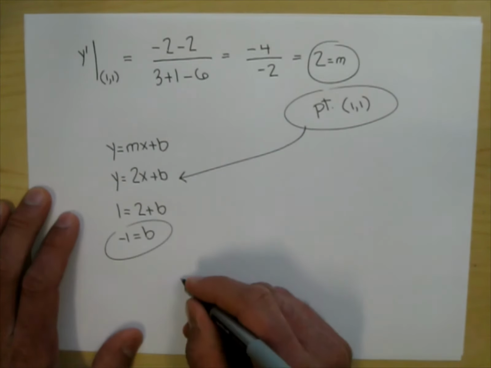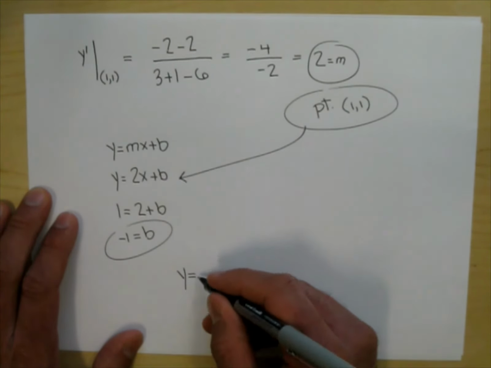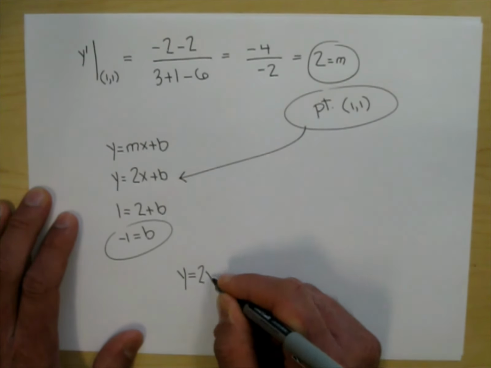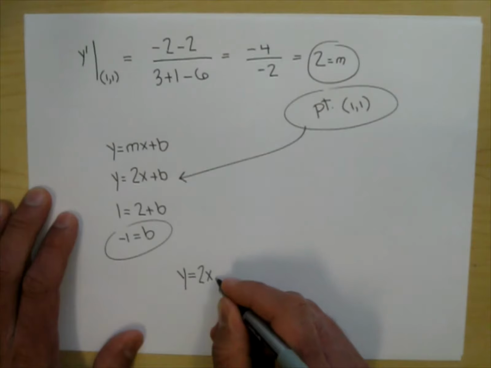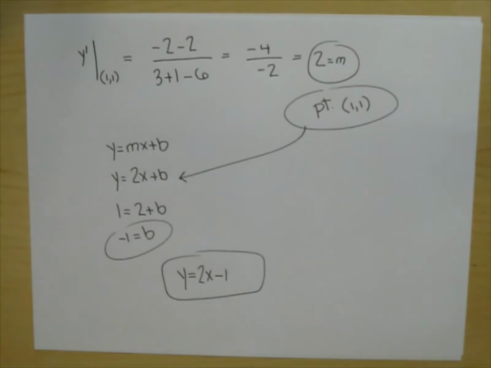So our final answer, because we are trying to find the tangent line, is this right here, which is y equals 2x minus 1. And this is all thanks to implicit differentiation. 2x minus 1.